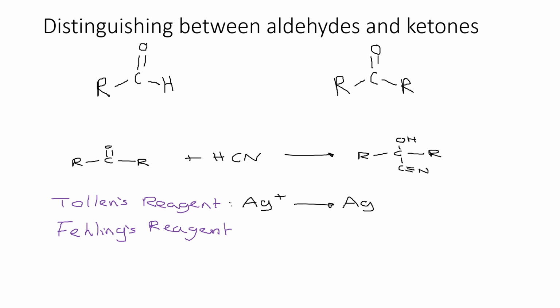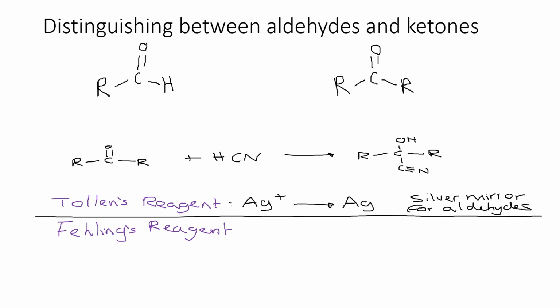So the Tollen's reagent ends up giving a silver mirror for aldehydes. And no reaction for the ketone. So Tollen's reagent has this silver 1+ ion which gets reduced to form metallic silver, which is what you see.